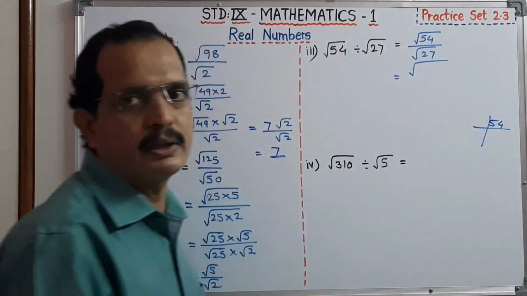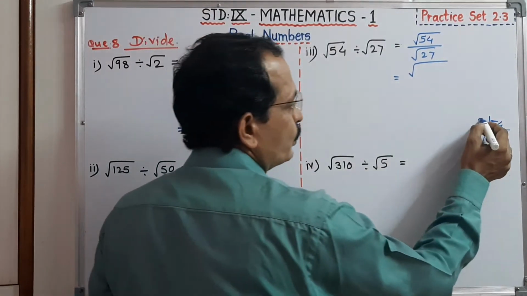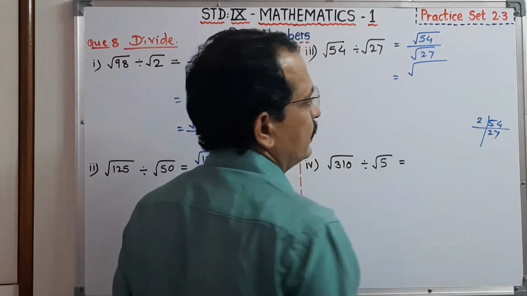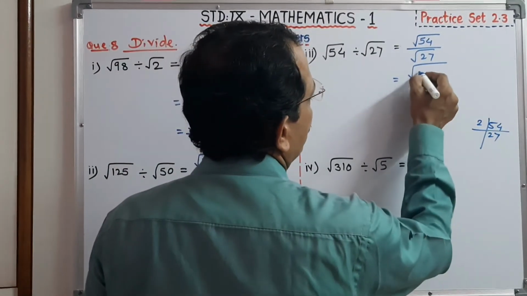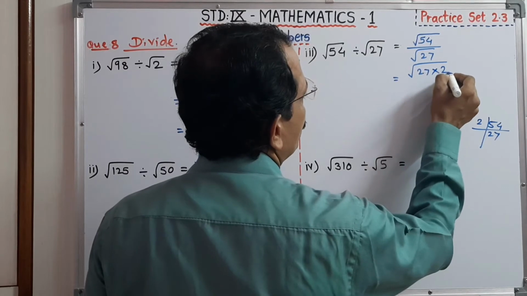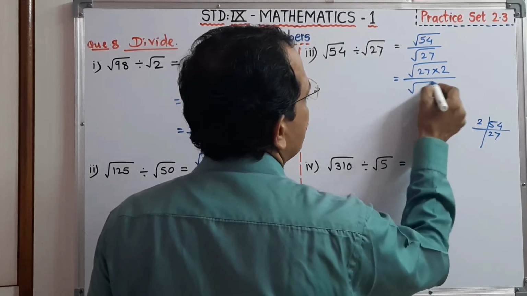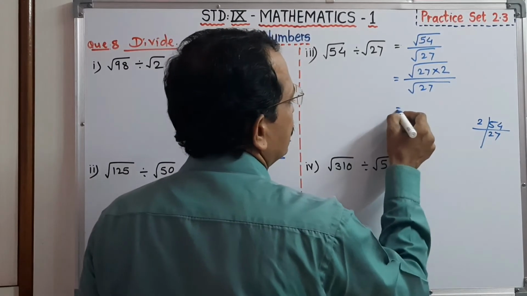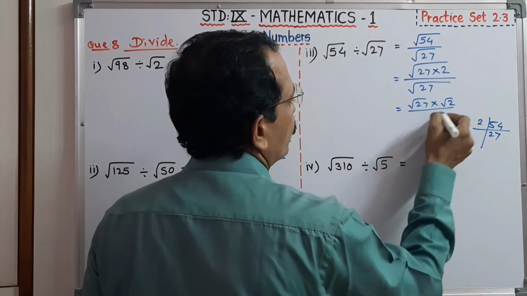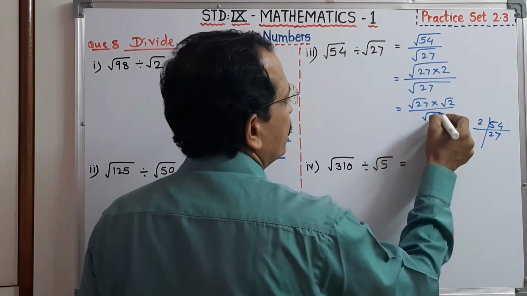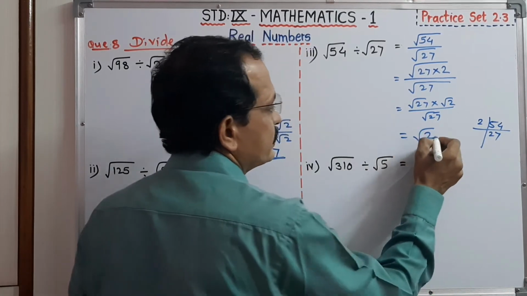We can simplify this as 27 into 2, and this 27 as it is. Now root 27 into root 2 upon root 27. Therefore we get the answer as root 2.